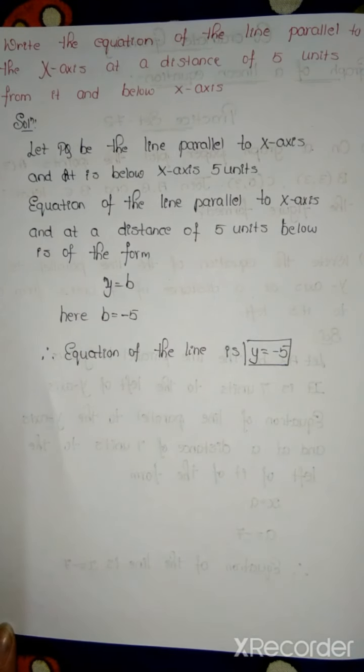So this is the equation of the line which is parallel to the x-axis, 5 units below the x-axis.